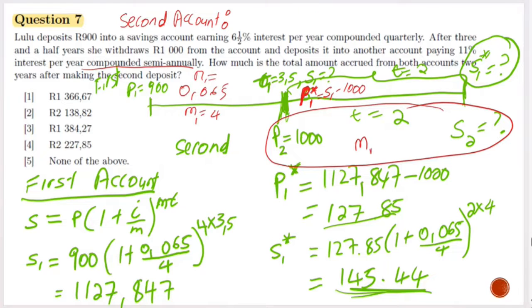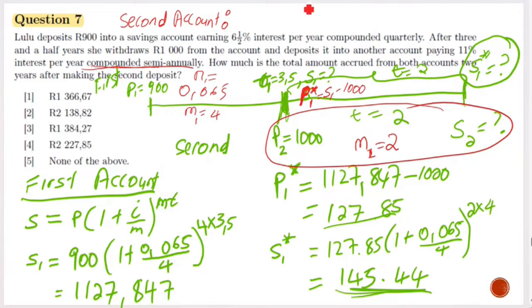The M for the second account, M2, is compounding semi-annually. Maybe the other one was a different bank. After she took 1,000 and opened an account with Capitec, there are different conditions. I need to calculate what is happening there. On this account, I am told it is compounding semi-annually.